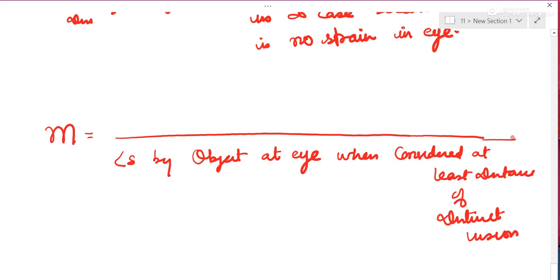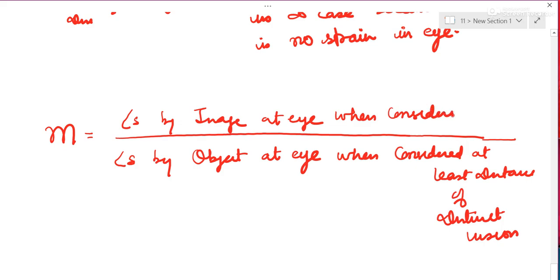This is fixed. And the upper one is the angle by the image at the eye when considered at, this will be according to the case. Like if it is a case of least distance, you will write least distance. If it is a case of infinity, you will write infinity, but this is always the same. So now you can prepare.